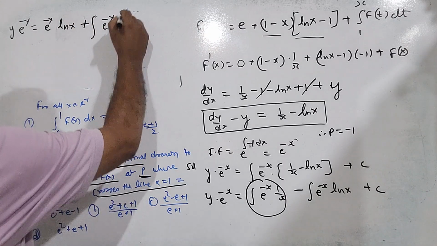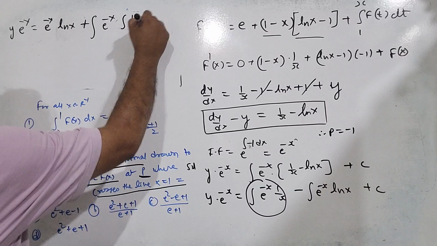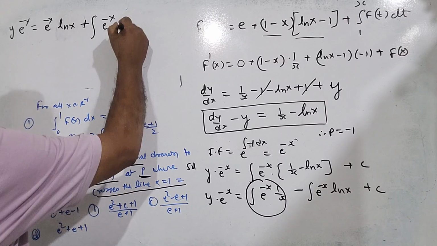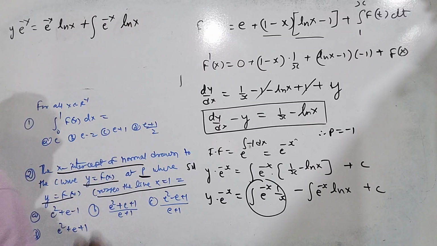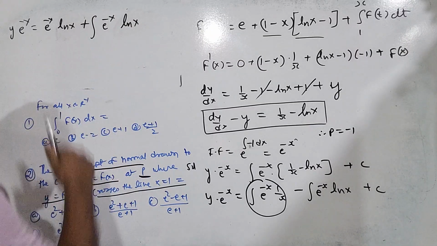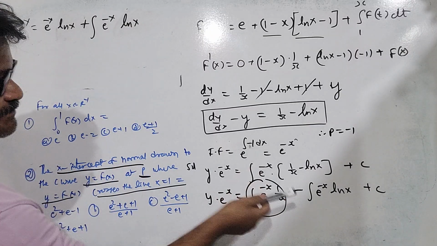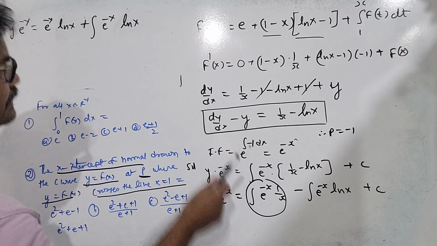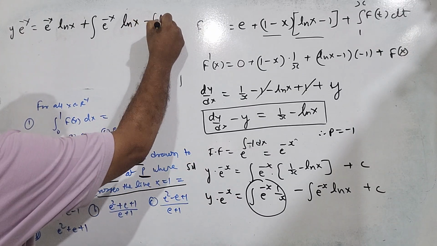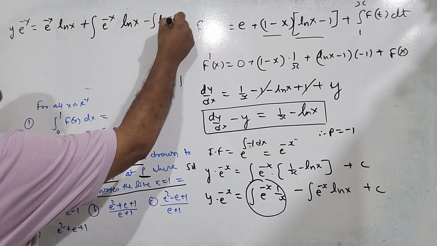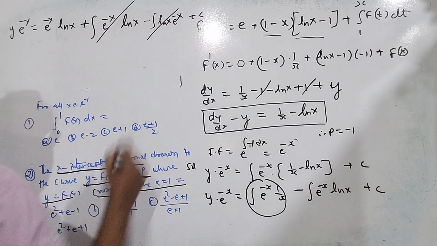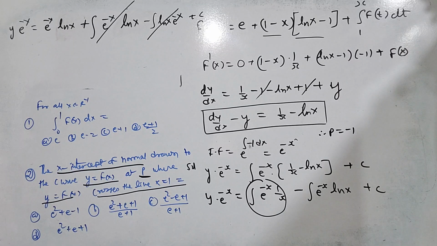And integration of 1 upon x dx is ln x. Now this integration and this integration with a minus, so I have just integrated this one by using by parts. So there is minus ln x into e to the power minus x, this is cancelled out, and this is of course plus c, got it?